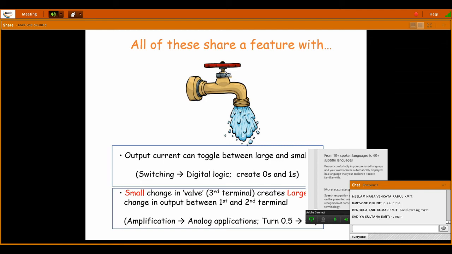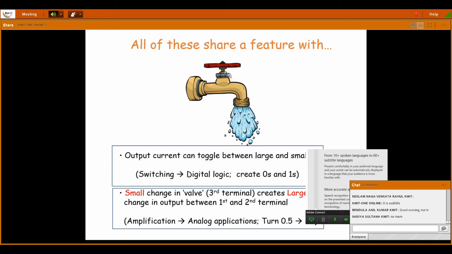In the same manner, it gives you logic. If you have a water flow, then it might be logical one. Let me compare it to the flow of current. There is a flow of current if your transistor is in the on state.